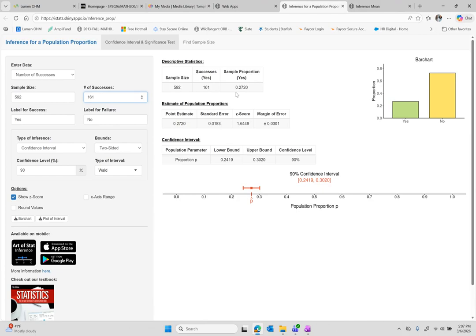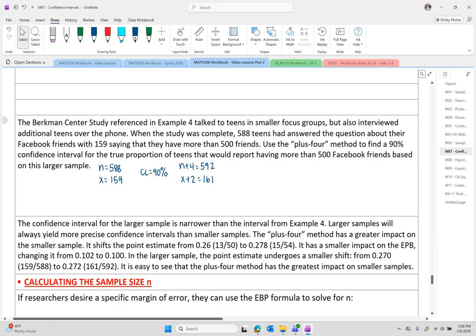I end up with a p-hat that is 0.2720. This is also at the center of my interval. I now have a margin of error of only 3%, and when I subtract it and add it to p-hat, I will get the confidence interval of 0.2419 to 0.3020.